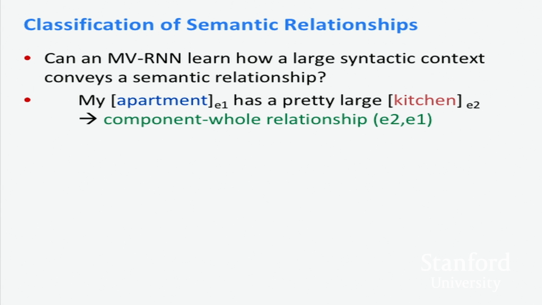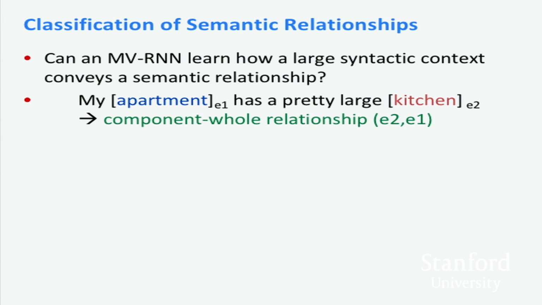This was a data set that some people had explored where you had sentences like, my apartment has a pretty large kitchen, and then what you were meant to say was, what is the relationship between apartment and kitchen? There were a set of relationships that they could have, and one of them was a component-whole relationship. And so the correct answer here was to say that the kitchen is a component of the apartment, and then there were various other relationships.